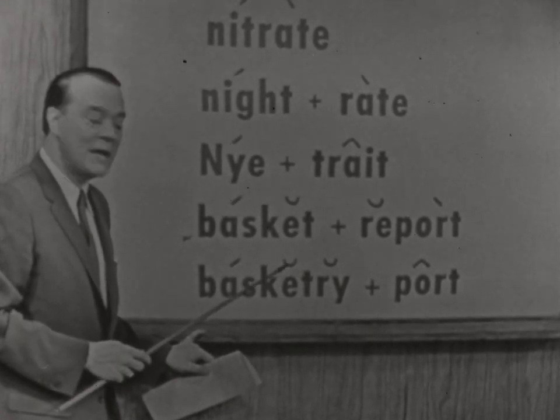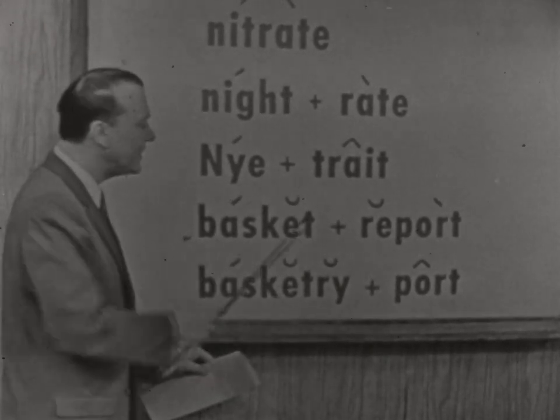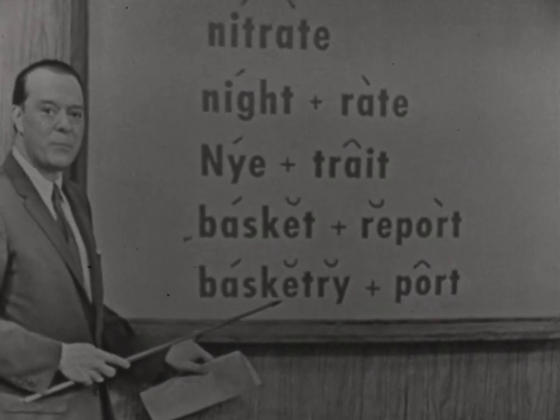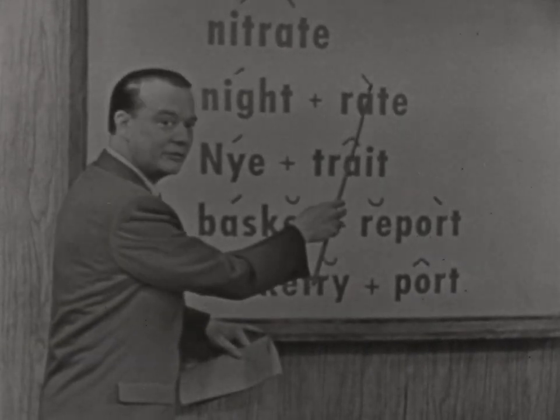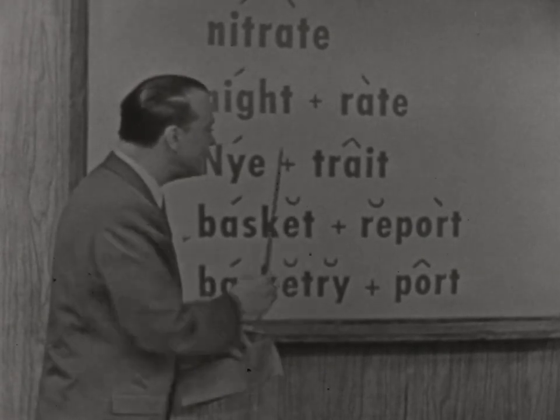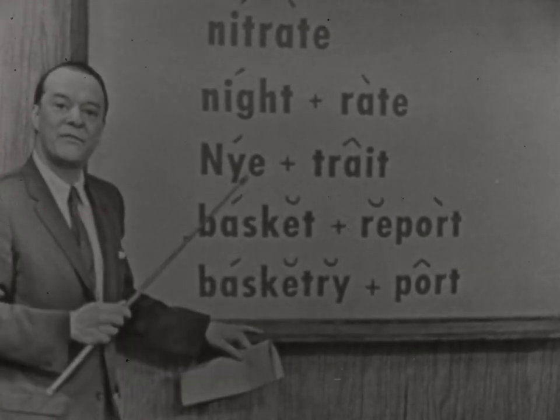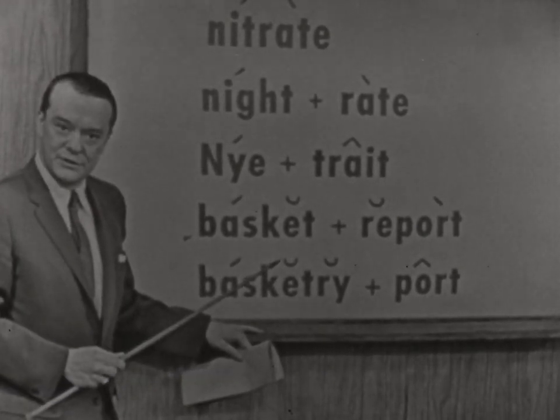Basket port. In other words, where these particular things occur is of extreme importance. And the combination of these stresses and the kind of juncture is what we call the phrase suffix.